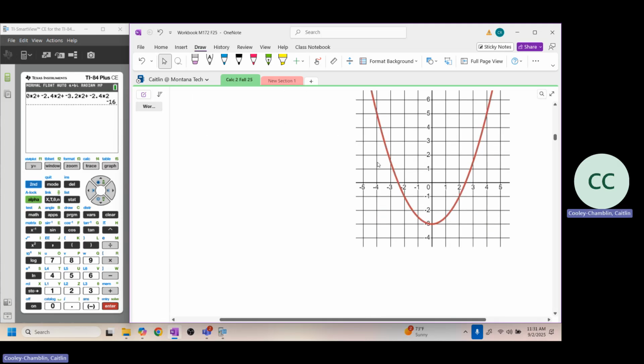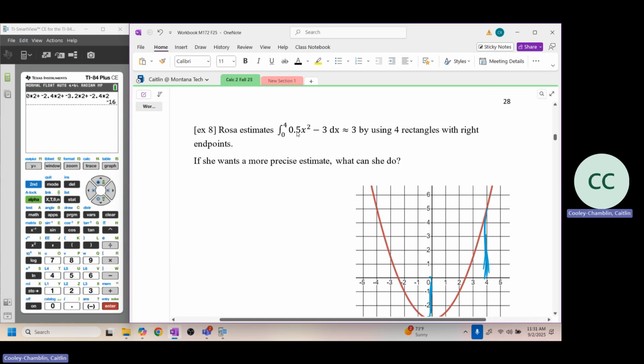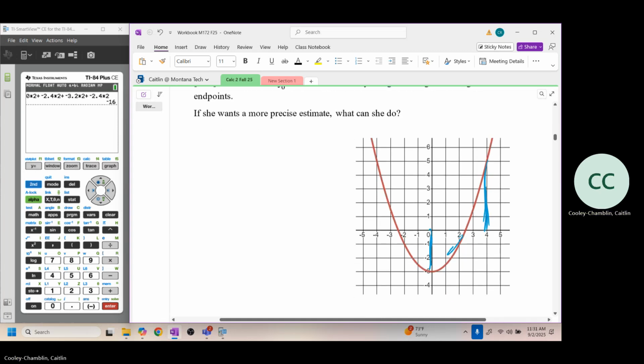Okay, so she went from 0 to 4, and she estimated underneath this curve and the x-axis.